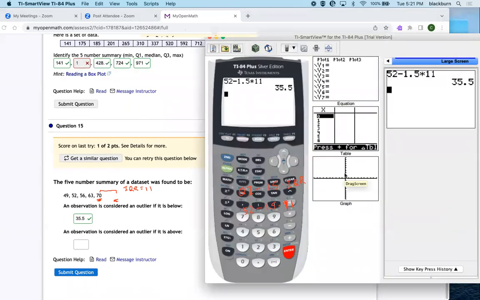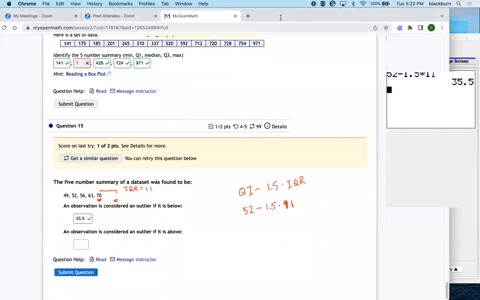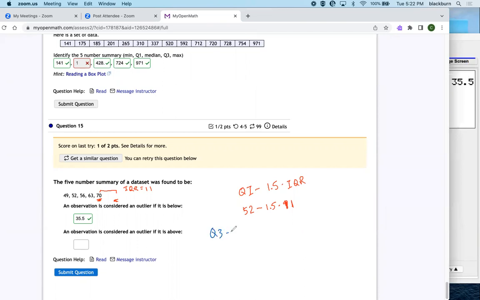Okay, so in other words, that's going to be an atypical data value. And then anything greater than Q3 plus 1.5 IQR. So if I do Q3 plus 1.5 times the IQR, anything above that number is considered to be an outlier.